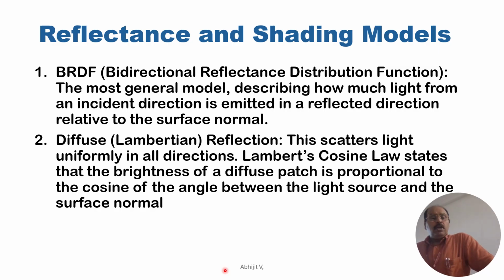So diffuse reflection, where the scattering is uniform in all directions. So, according to Lambert's cosine law, the brightness of a diffuse patch is proportional to the cosine of the angle between the light source and the surface normal.